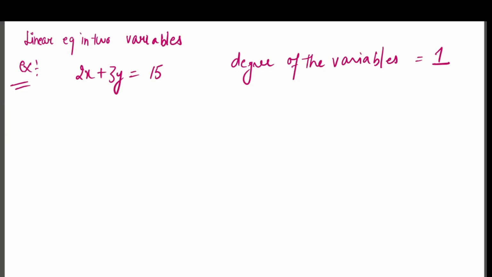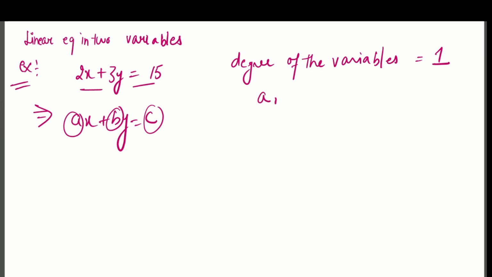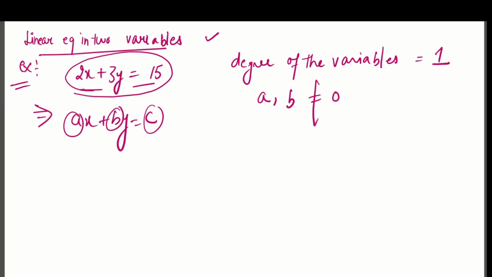One thing you have to remember: we can generalize this equation as ax + by = c. a, b and c are constants, like 2, 3, 15 are constants. But a and b can't both be 0 in a linear equation in two variables, because if a and b are 0, then obviously the whole equation would be 0, since 2 multiplied by x multiplied by 0, y multiplied by 0, there are no variables.